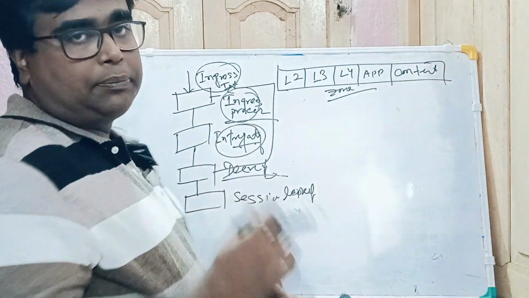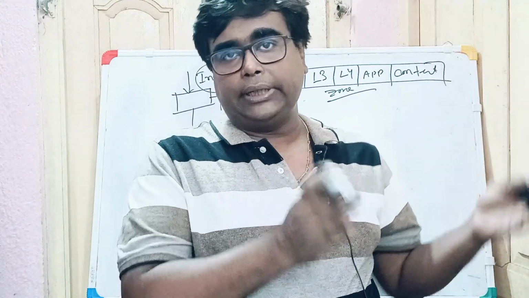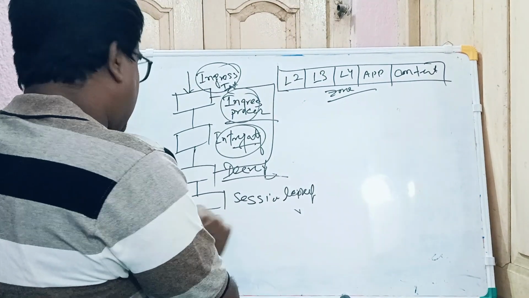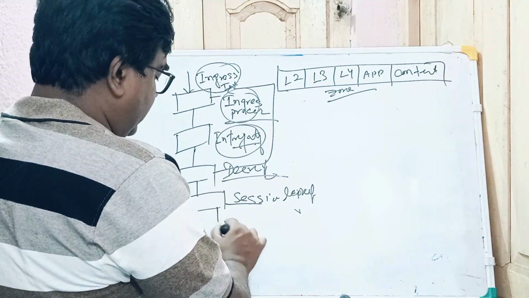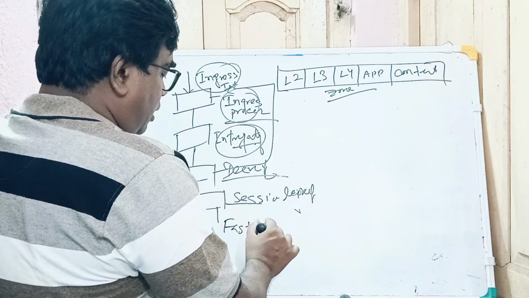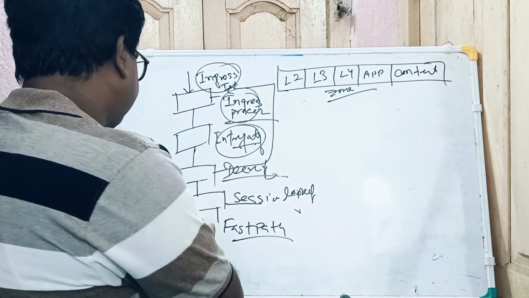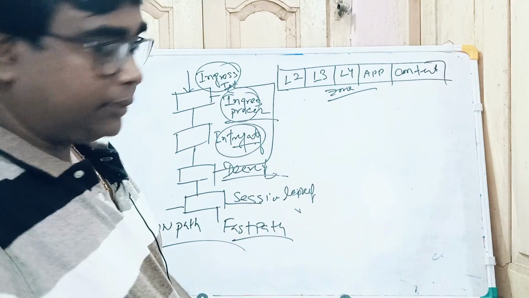If it is a first packet, there will be no session in the PaloAlto session table, so it is going to the slow path. And if there is a session already there, it is going to the fast path. So this is a very important part, the slow path and fast path. Now we discuss what is the slow path and fast path.